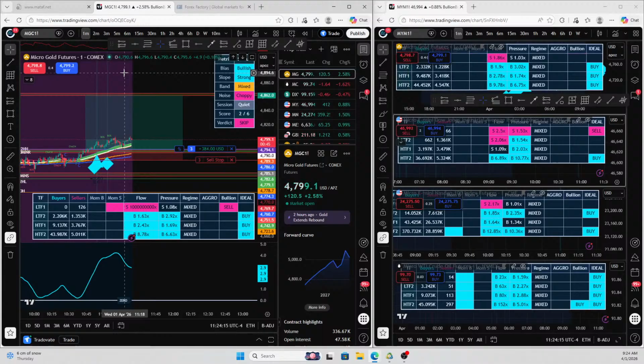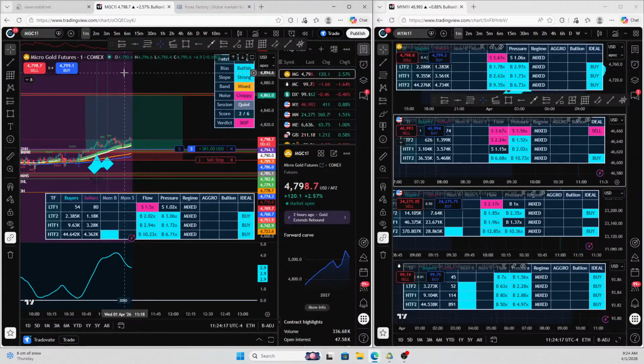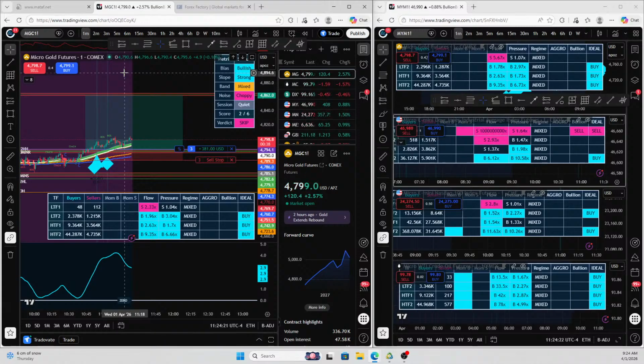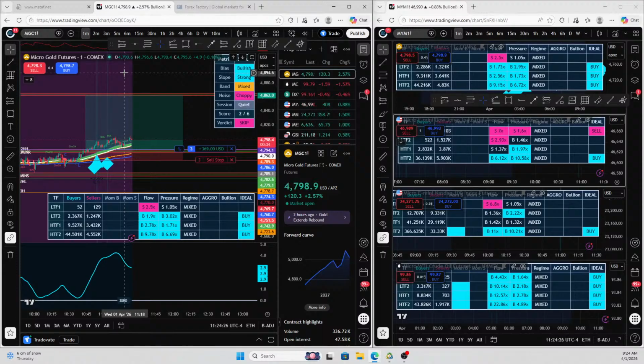And it can be that price just keeps on ranging at this level and then starts pushing up. Yeah, candle closes in 5 minutes.